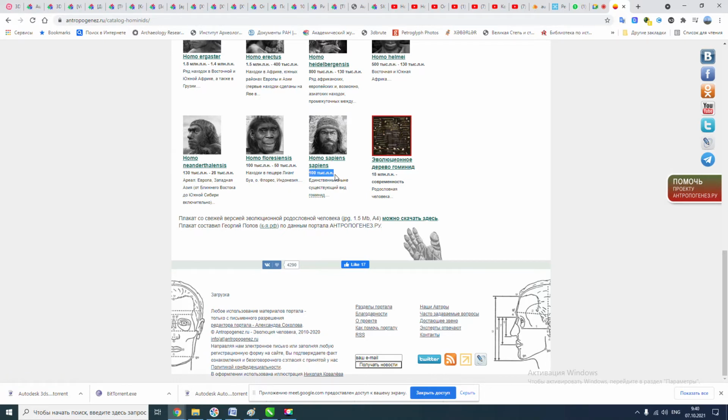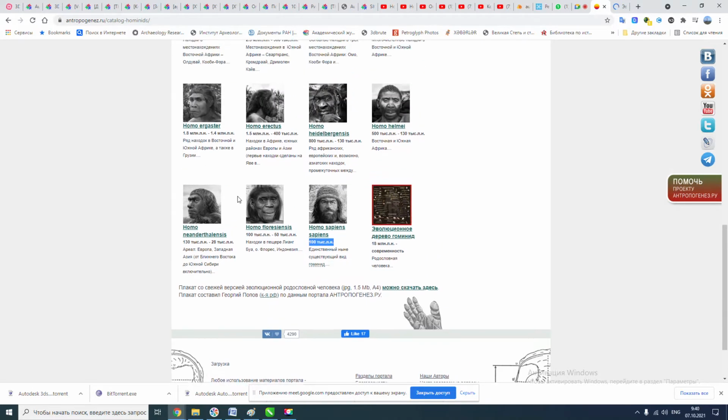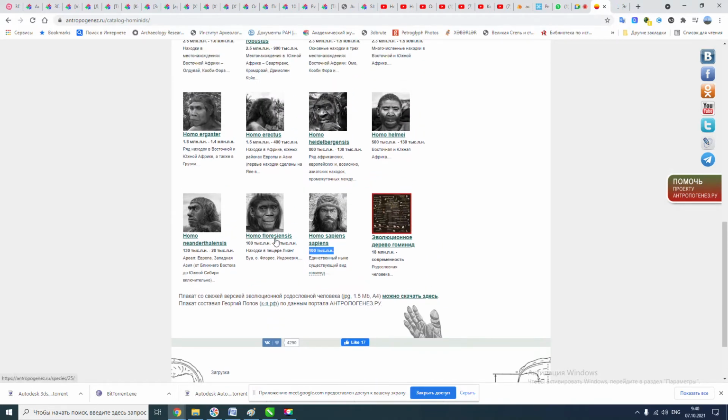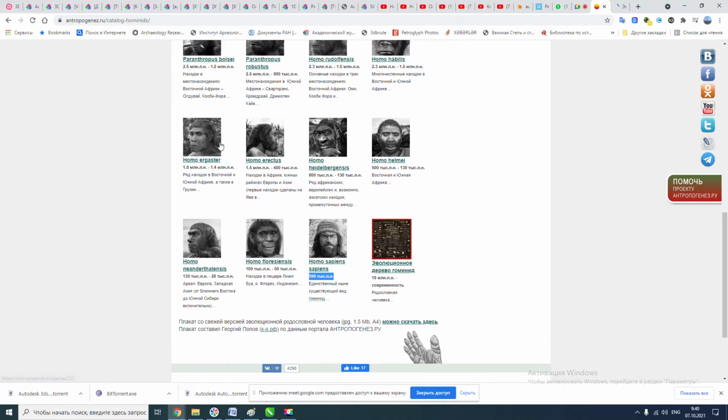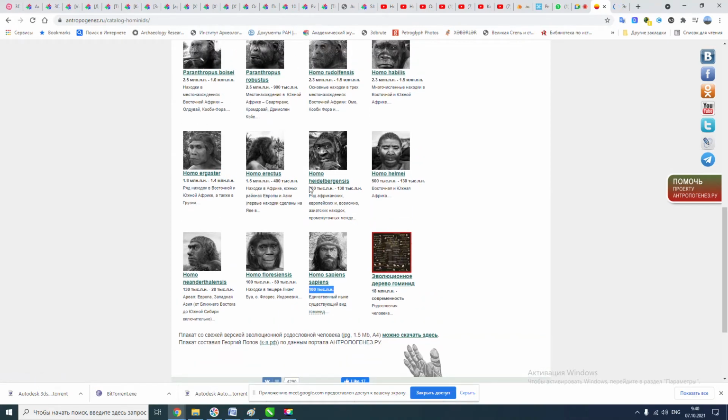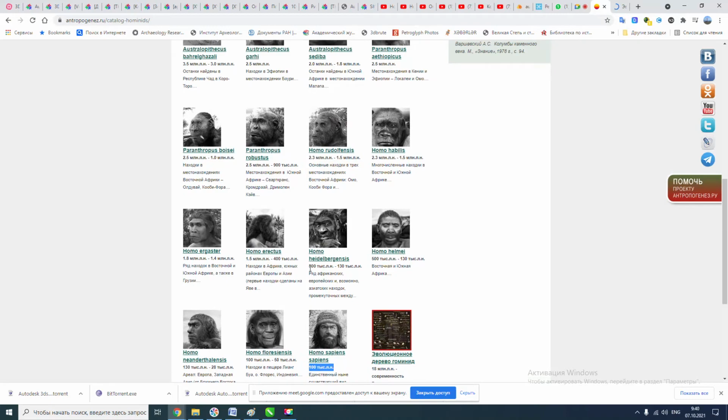We evolved approximately 100,000 years ago. Before that we had our ancestors, Homo floresiensis, Homo neanderthalensis, Homo erectus, Homo ergaster, and so on, and Heidelbergensis.